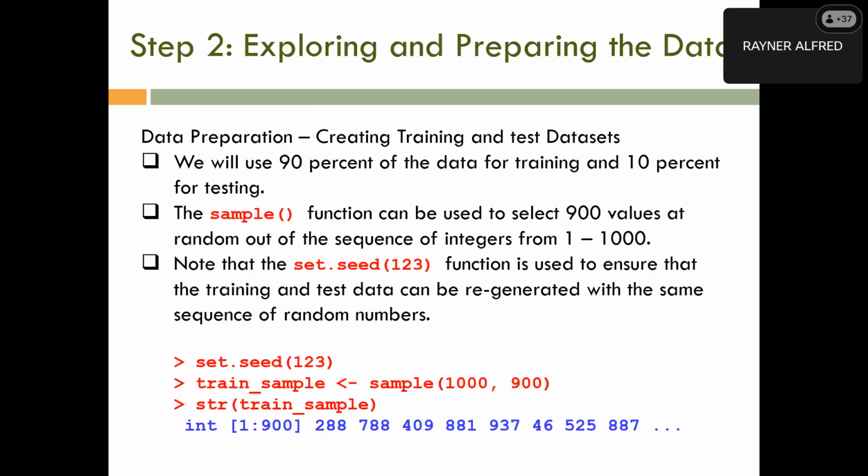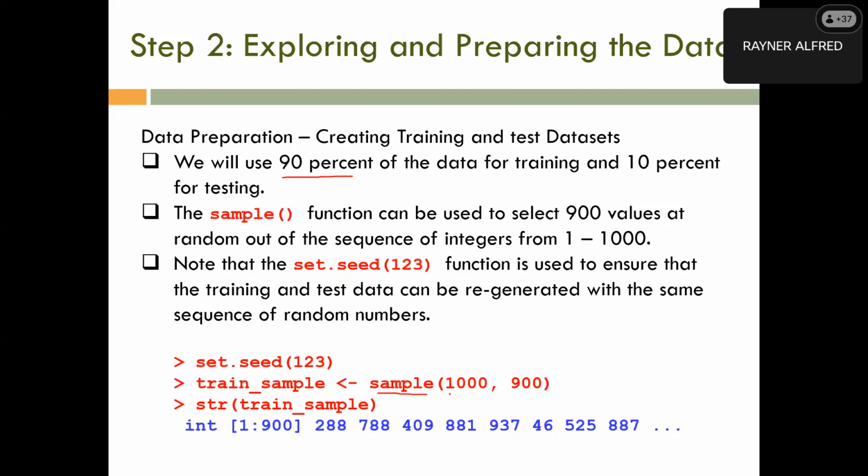So next step will be, because we want to train the model, we have to split the data into training dataset and testing dataset. In this example, we will use 90% of the data, which is 900 samples. The statement that we can use is sample here.